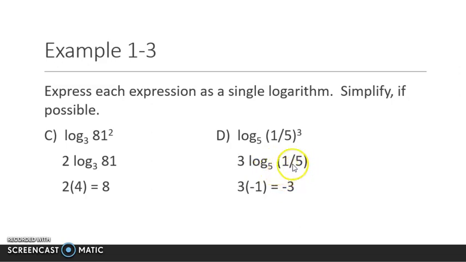So this is 5 to the negative 1. If this was 1 over 25, it would be 5 to the negative 2. 1 over 125 would be 5 to the negative 3. So you'd get a negative power on this. And I have 3 times that negative power. 3 times negative 1 is negative 3. That's the answer here.